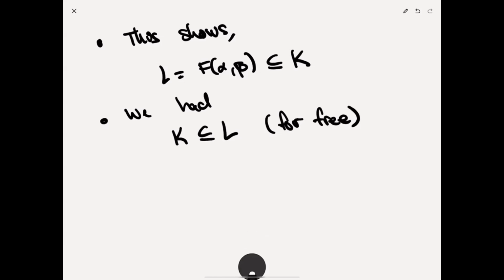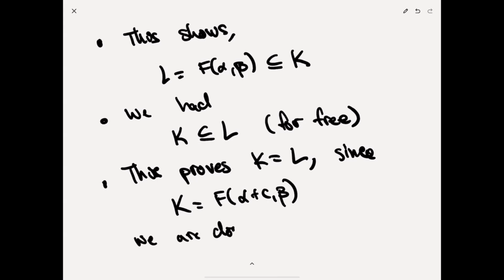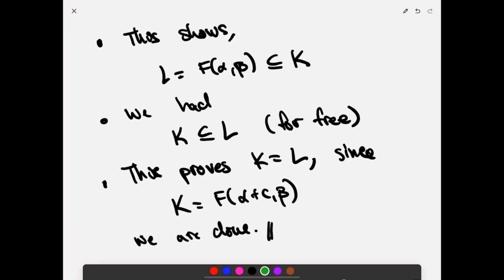And so this proves that K is equal to L. And since K is a primitive extension, and we can use alpha, we can use C1 or C2, we are done. Okay, so that concludes the proof.